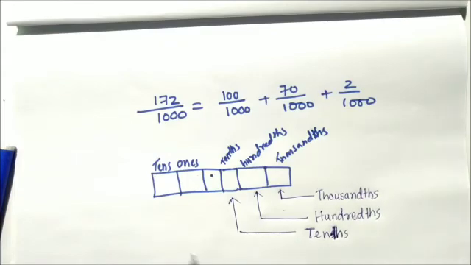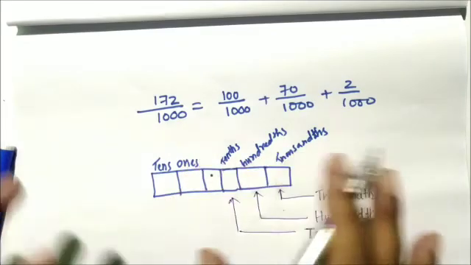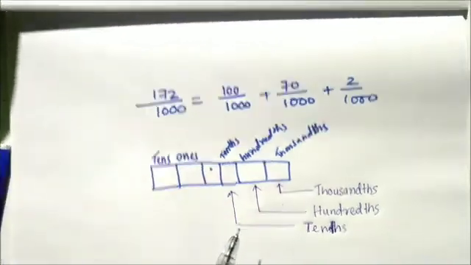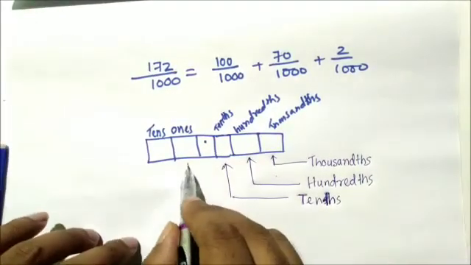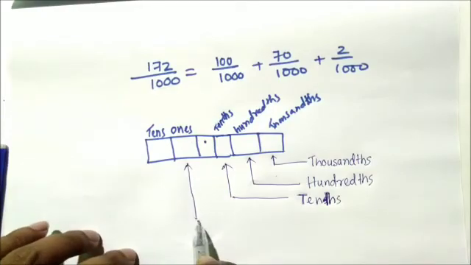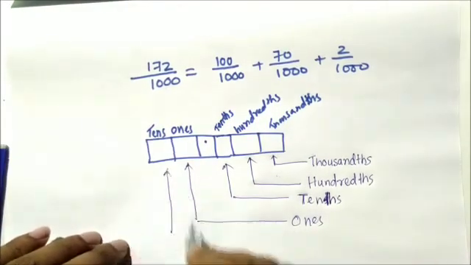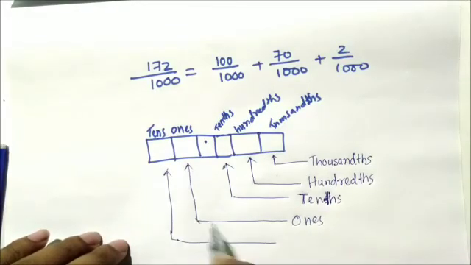And this is the place of the point, so we will not name this place, it is just the decimal point. And this place, yes, we all know that it is ones, and this is the tens.